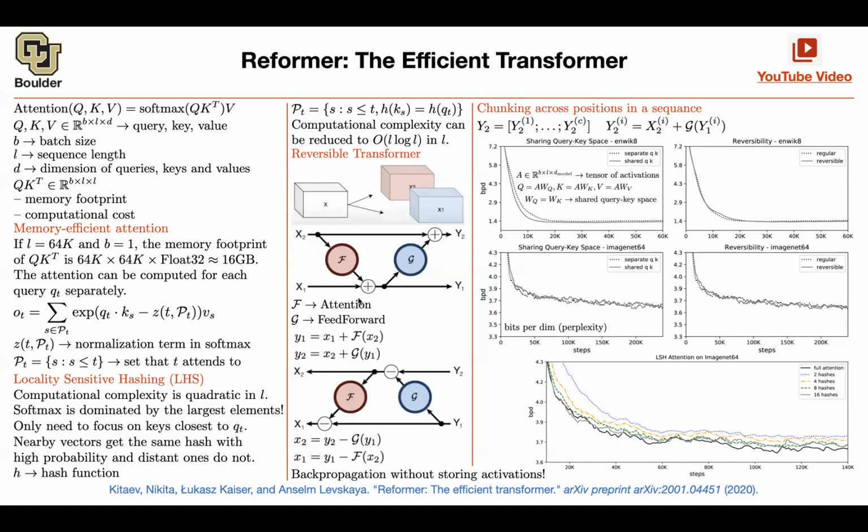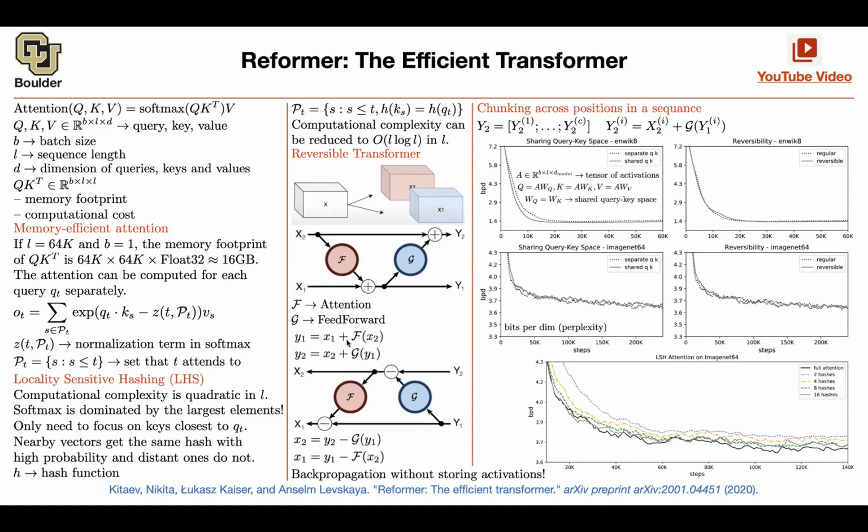And there is this trick that you can actually do it. It's called backpropagation without storing activations. You're going to divide your X into two components, and you can do it channel-wise. You do your attention over one of the channels, and then you do your feed-forward component over the other channel. Why is it useful?